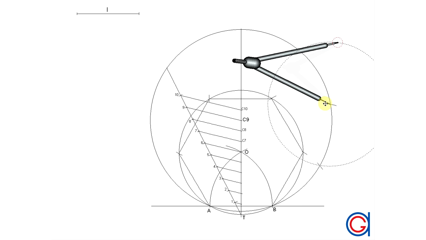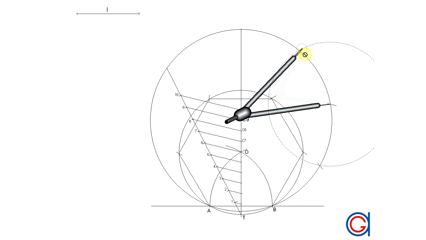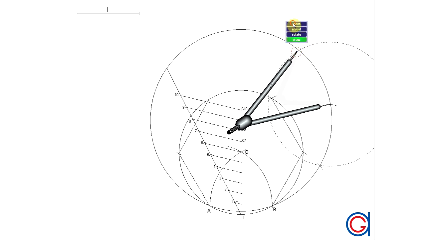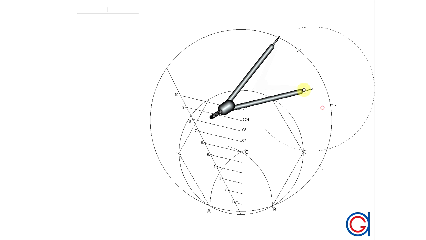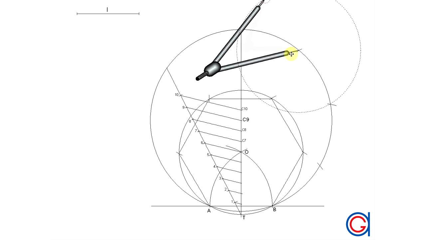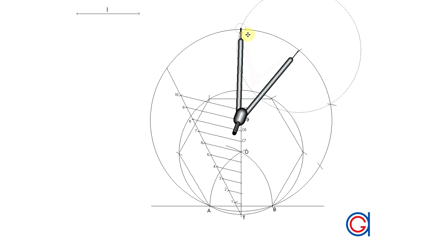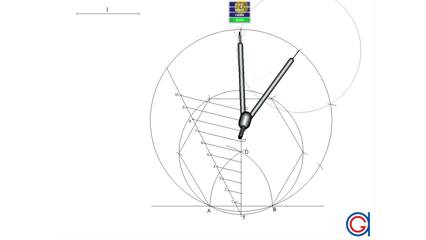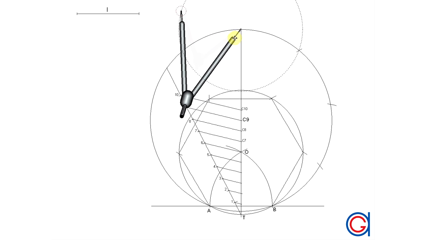So here's our 4th arc that we're going to scribe. And now with our compass set on the previously scribed arc, we scribe our 5th arc, which passes through our perpendicular line exactly, which tells us that we are working with accuracy. Now we continue scribing our 6th arc.